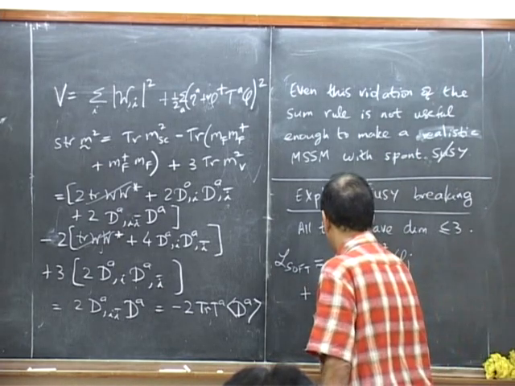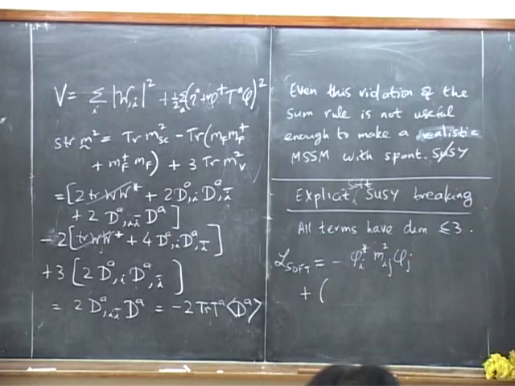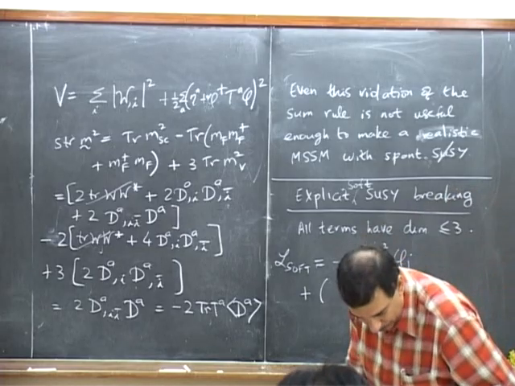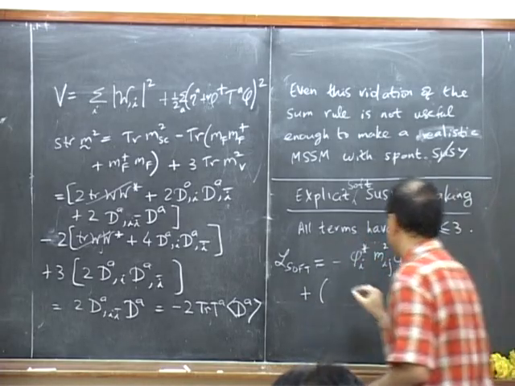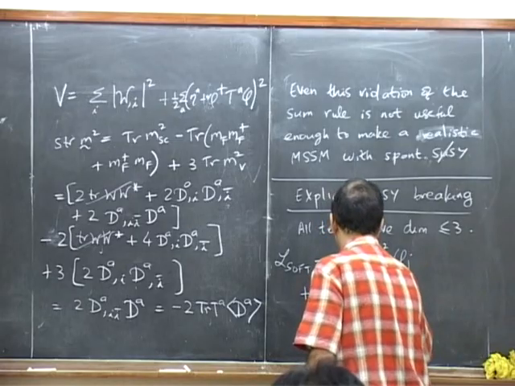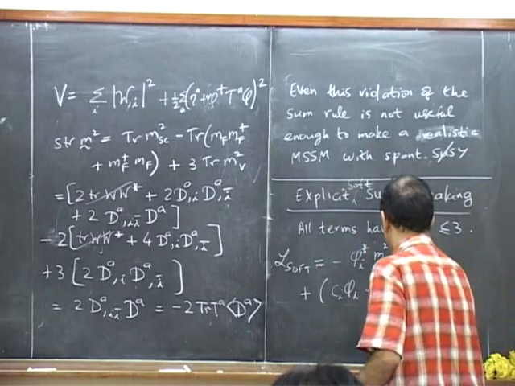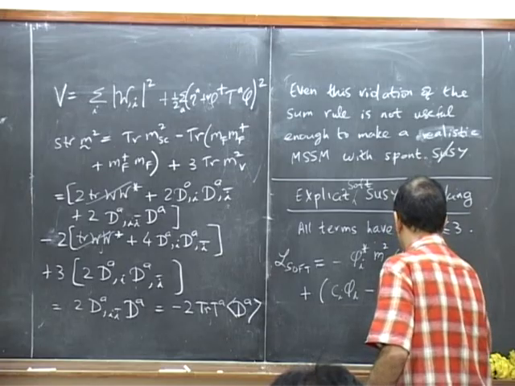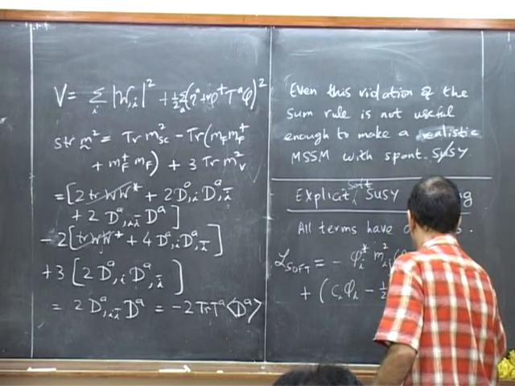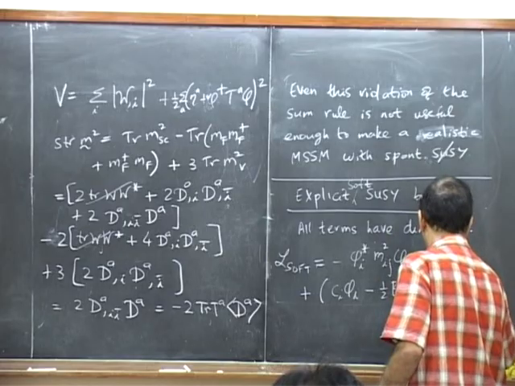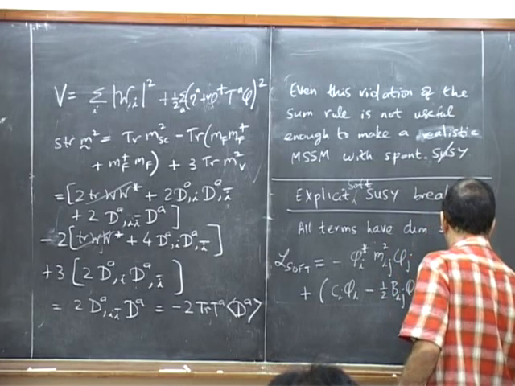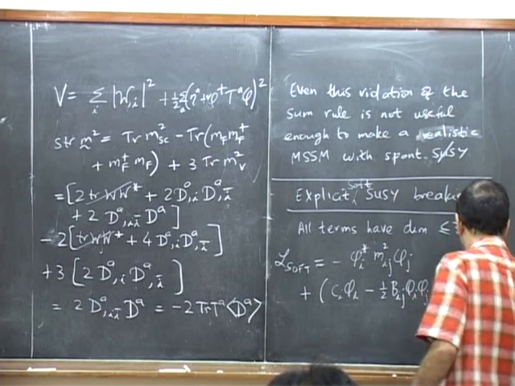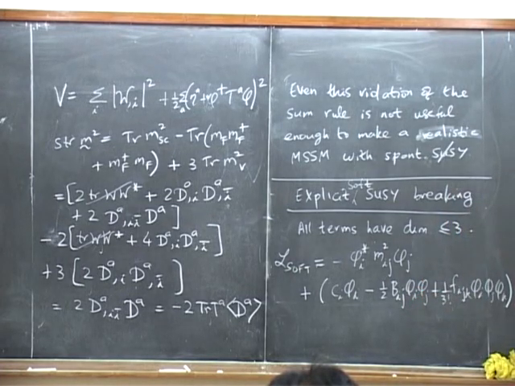When it comes to interaction terms, we could think of lots of things, but eventually when the dust settles, you find that the only terms you are allowed, in a specific notation which people like to use, are linear, quadratic and cubic terms, not in the superfield, but in the scalar field.